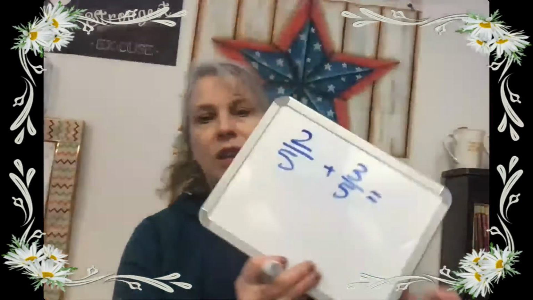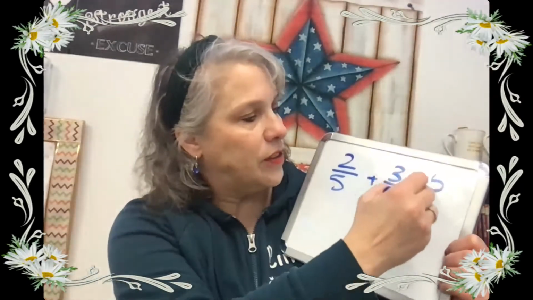Another thing you need for adding fractions is that you cannot add the fractions unless you have the same denominator. An example would be if I had 2/5 plus 3/5, that equals 5/5.